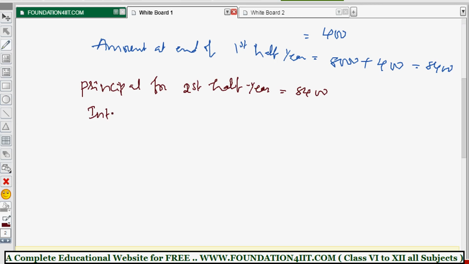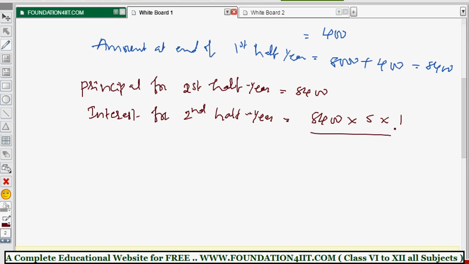Now interest for the second half year: 8,400 into 5% into 1 by 100. Every time we take 1 only, because it is the first half, second half, third half. Cancel, 84 into 5 is 420. 420 rupees is for the second half year.